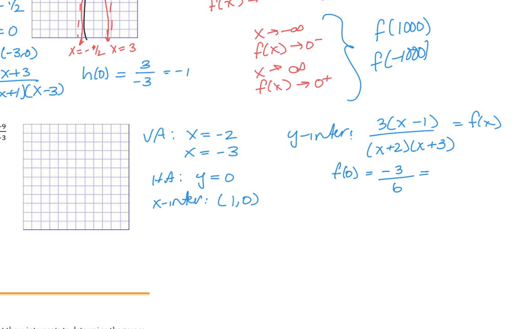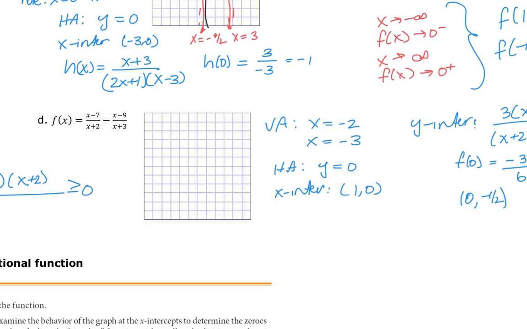So I'm going to cross at -1/2. So my y-intercept is 0, -1/2. Okay, so here's my graph. Here's y. Here's x. And I have a vertical asymptote at -2. I have a vertical asymptote at -3.